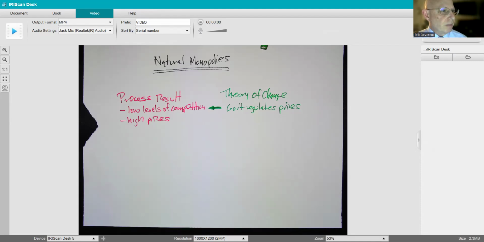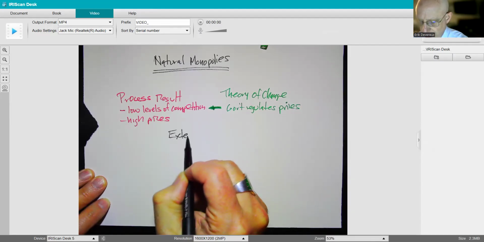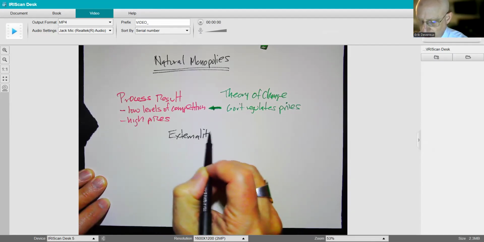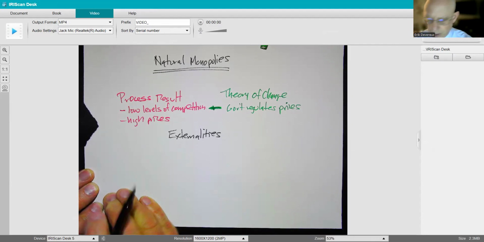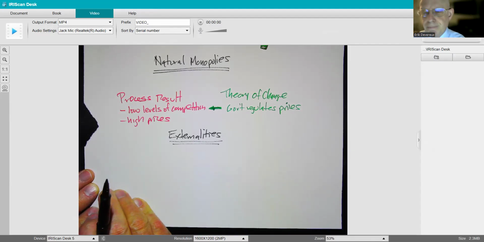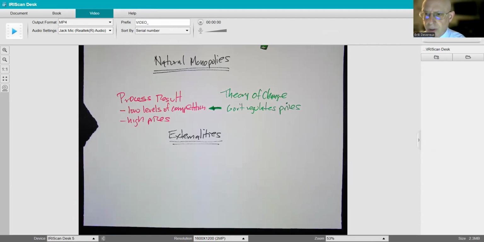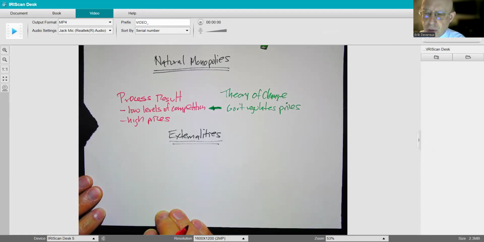Okay. And then lastly, we're going to talk about externalities. So externalities are the consequences of a market process, a transaction in the marketplace, that are not captured in the price. And the most common form of externality that is talked about in our world is pollution. The pollution that is created through an economic activity, and the polluter who makes the product, or the consumer for that matter, who may actually be directly responsible for the pollution entering the environment, is not asked to pay for that.